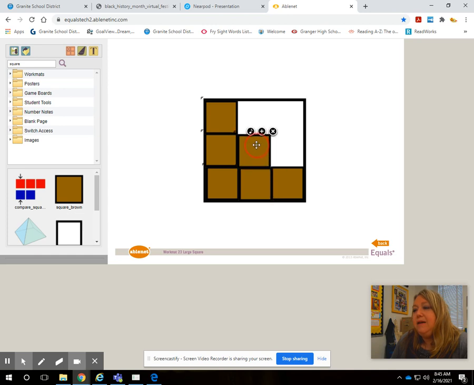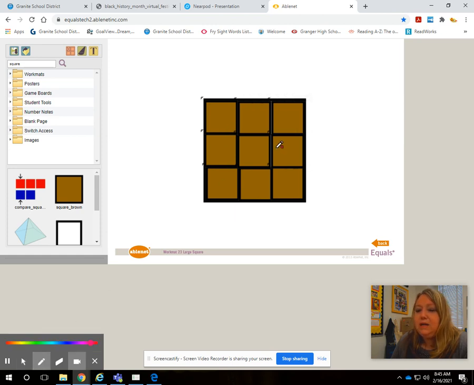Then I can fit 3 up, 3 across until I fill up my square. Okay? And so then what's really interesting, and this is basically how it works, friends, is we're figuring how much the distance is from here to here on this side, and we're dividing it by how many squares, right?